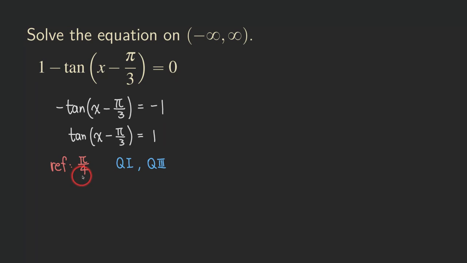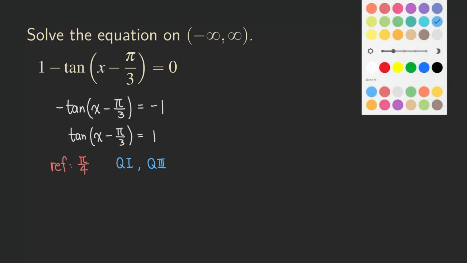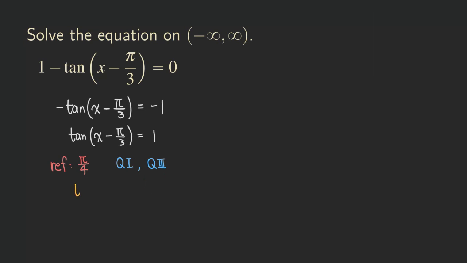Okay, so now what happens is that in quadrant 1, we are going to get the same angle as the reference angle. Right, so whatever is inside the tangent, okay, so just make a note here.